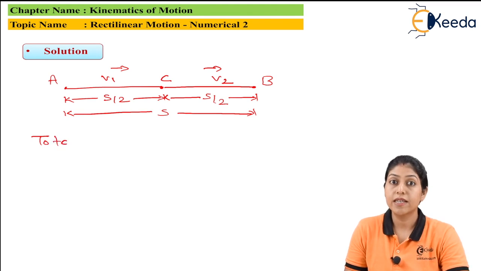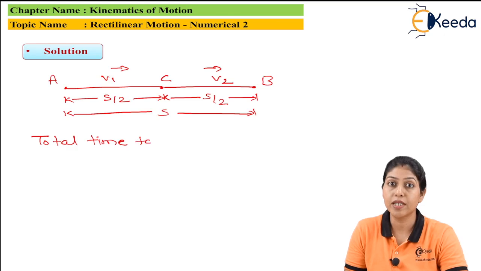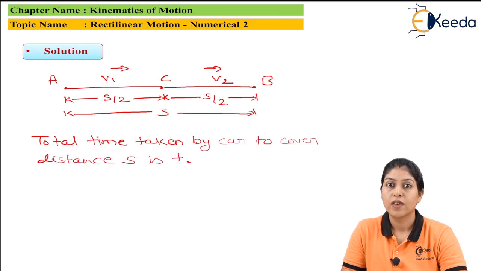Now let us consider the time taken by the car to cover the complete distance between A and B. The total time taken to cover the complete distance S between A and B is T. We can divide this T into two parts for the two halves.